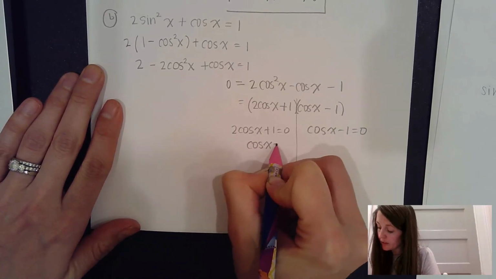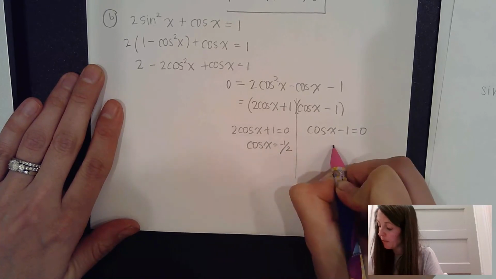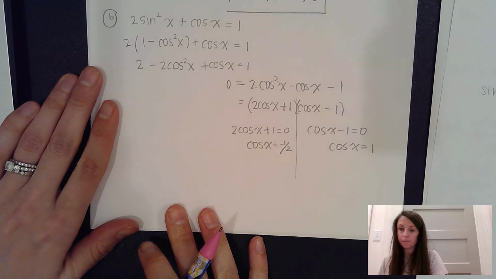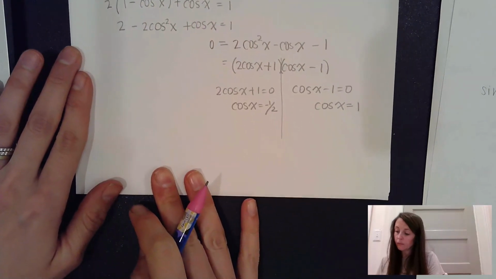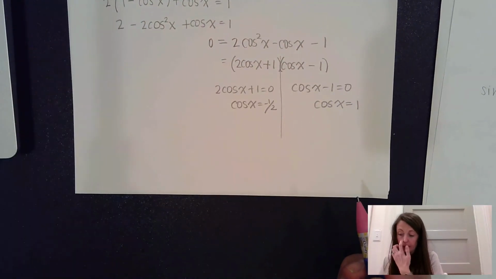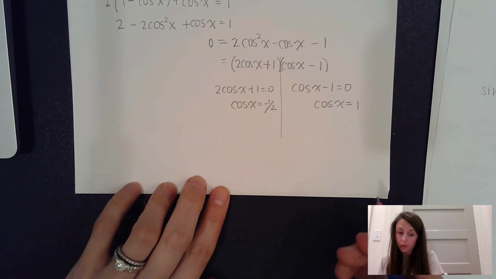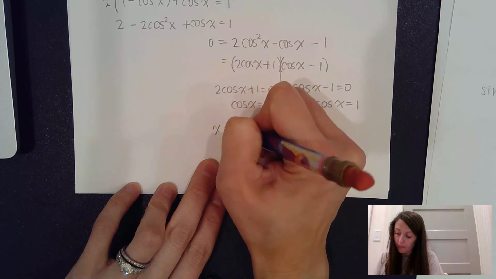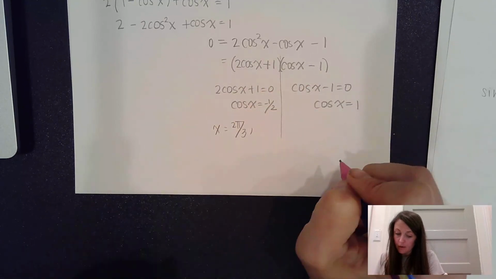So cosine of x is going to be equal to negative 1/2, and cosine of x is going to be equal to 1. So here we've got, where is cosine of x going to be equal to negative 1/2, which is going to be 2 pi over 3, and what?